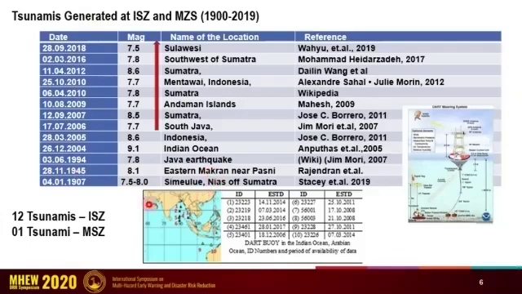So you can see the DART buoy system established over the Indian Ocean after the 2004 tsunami to capture the tsunami waves generated due to some earthquake. This is a picture of a DART buoy.